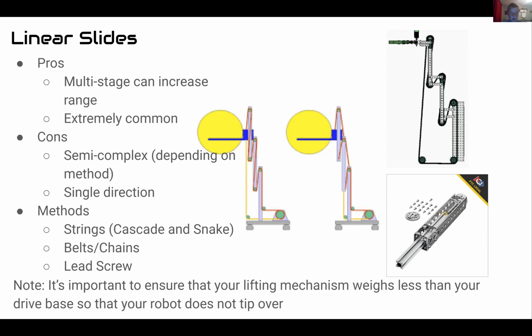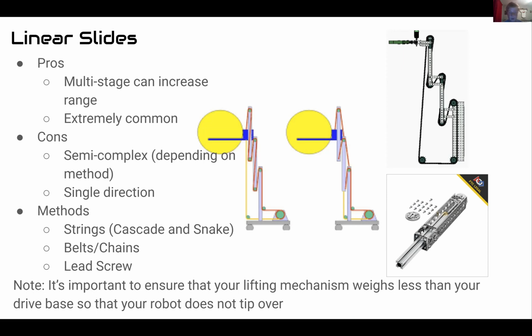The cons are that they can be very complex, and you will have to move your robot around it to get the lift lined up in the same area. And some methods to do the actual lift of the slide are string, belts and chains, or a lead screw.